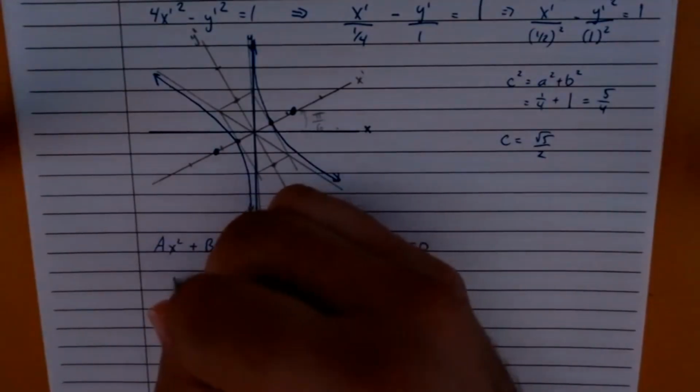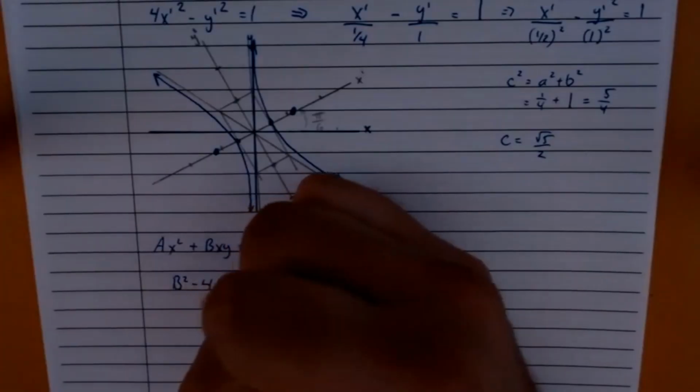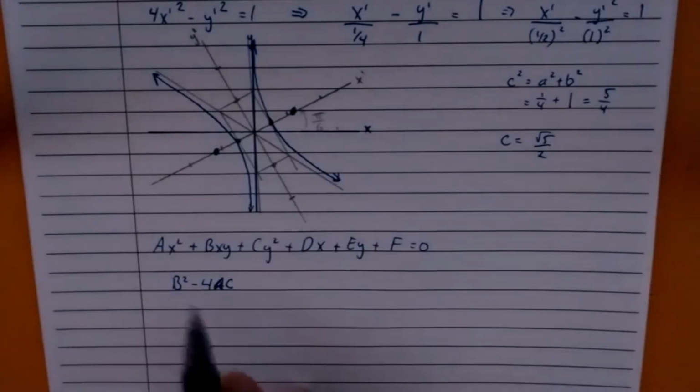If you take b squared minus 4ac, the value of this will tell you what kind of conic you're dealing with.